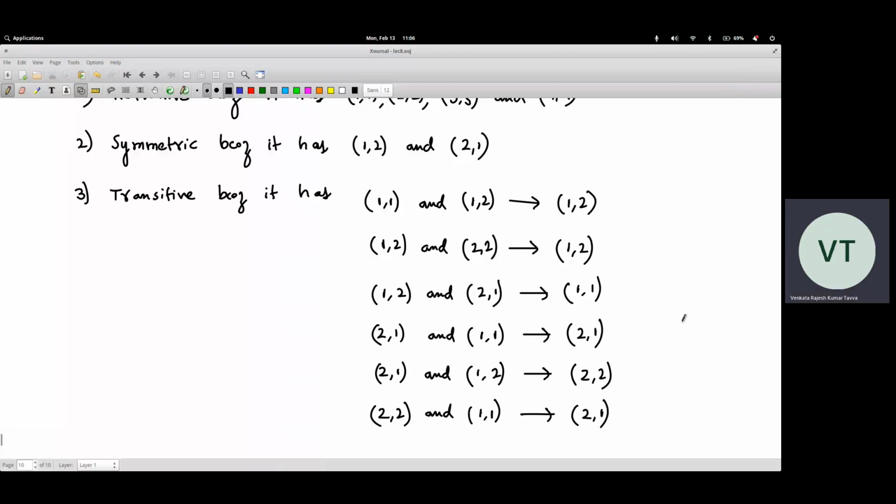Any other case? So if this is xy and this is yz, then this is xz. That's it. So this is an equivalence relation.